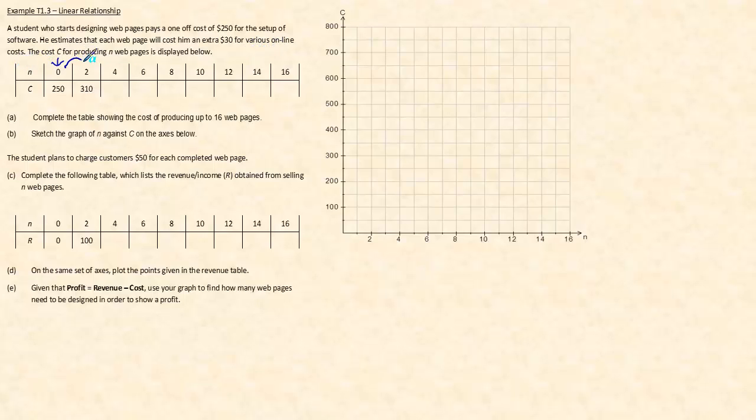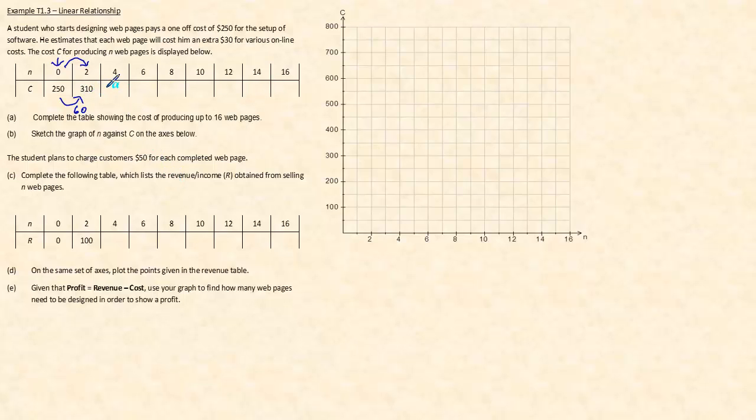Now we can see here we're going up in 2 web pages. So at $30 a web page, this is going to go up in 60s. So we need to complete the table.